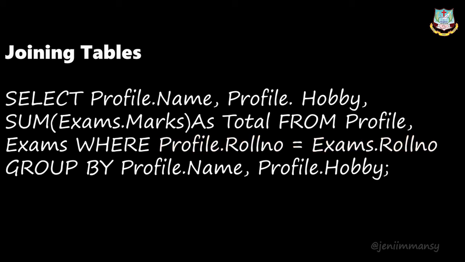Where this and this are equal, we are going to group by profile name, profile hobby. Here we have given two tables, from profile and exam, that means from these two tables where the roll number of the profile and the roll number of the exam are equal, we are grouping by profile name, profile hobby.